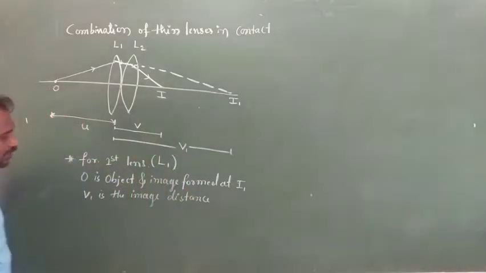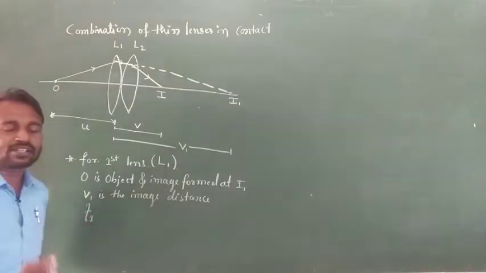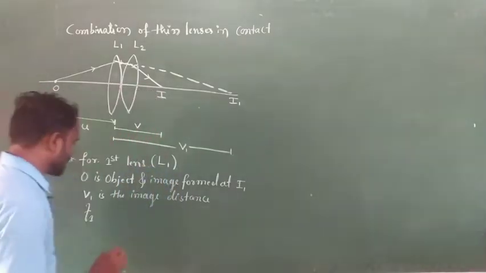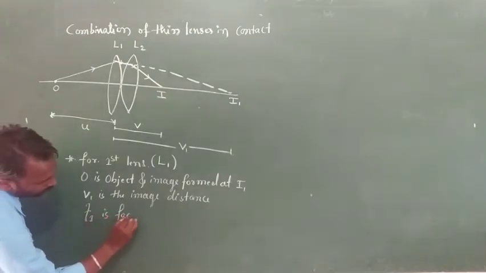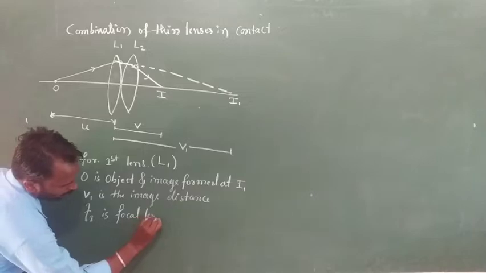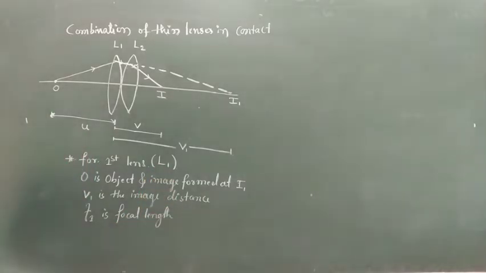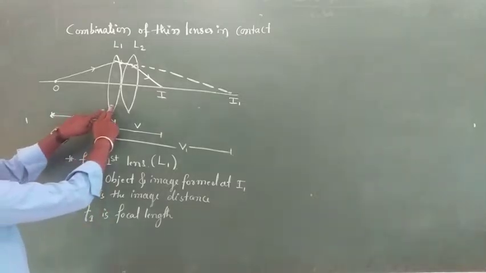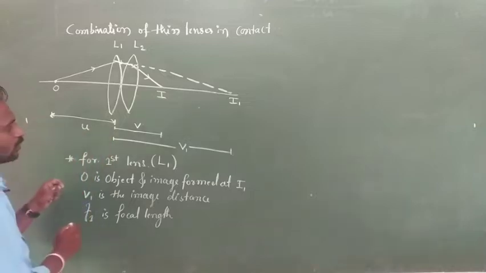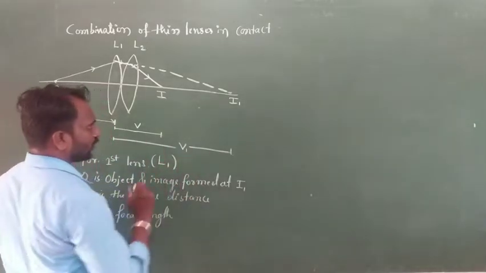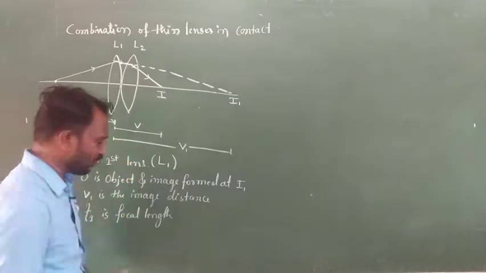V1 is the image distance, and F1 is the focal length of the first lens. So for the first lens L1: object distance U, image distance V1, and focal length F1.